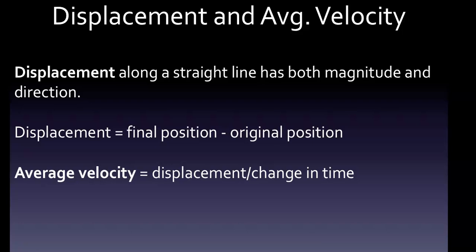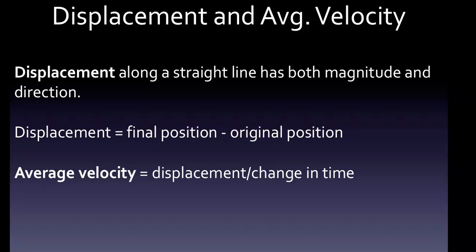So for example, if you ran around a track and finished right where you started, you just went all the way around one time, your displacement would be 0 feet. However, if you ran 500 yards in one direction and just stopped, your displacement would be 500 yards.